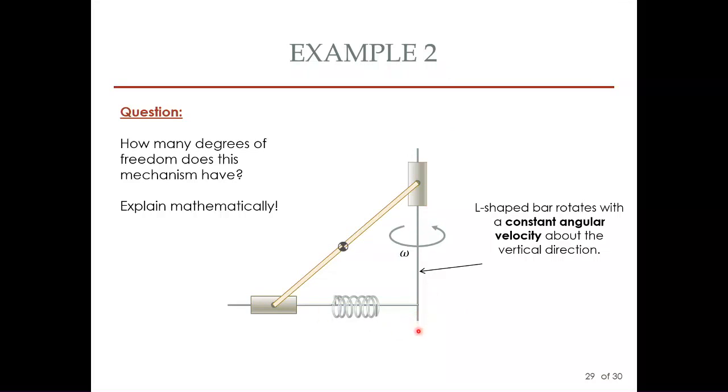And imagine here there is a stationary floor, and this entire thin L-shaped link is rotating with a constant angular rate of change, omega. So omega is constant. It is given in the problem that this thing rotates in a particular manner.